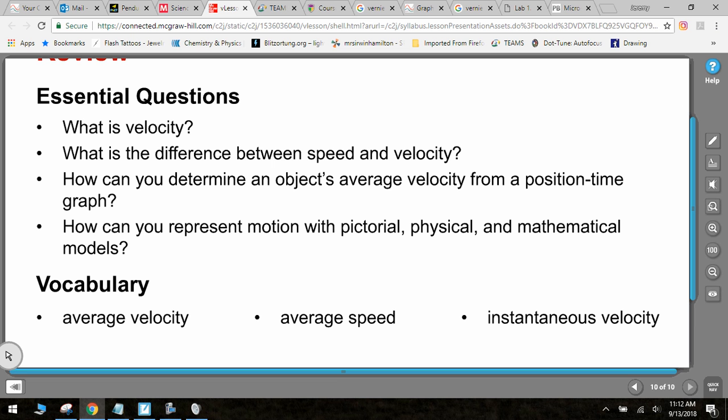And it says, how can you represent motion with pictorial, physical, and mathematical models? So now that's something that we've had on multiple times this time, right? So we can represent our motion by drawing a motion diagram. That's a picture model, right? A physical model, we could have people actually go and run it, right? And then mathematical models like a position time graph, because that's a mathematical model.